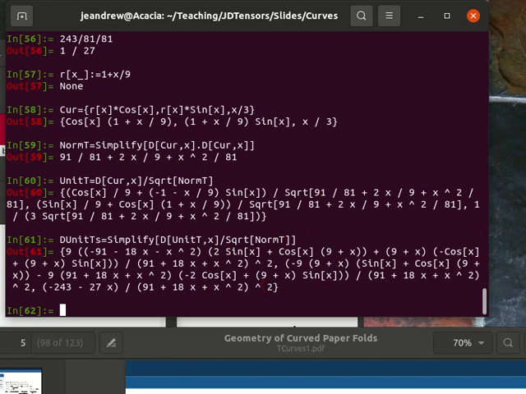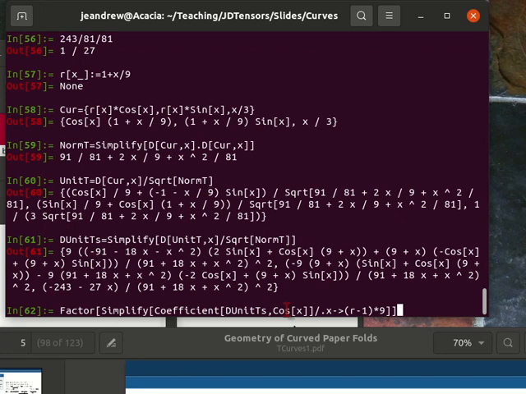So the way I ask it for the coefficient is, there we go, I say I want the coefficient of this d unit vector in front of cos.